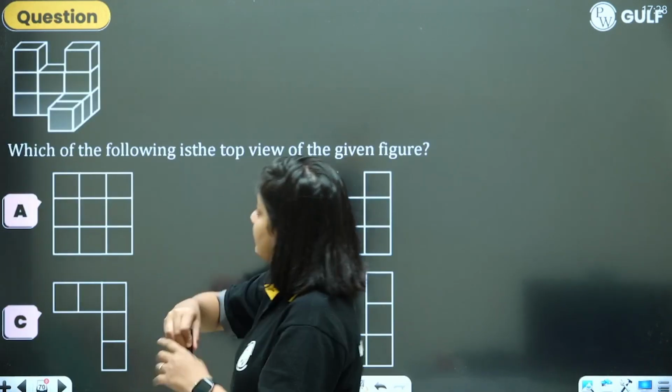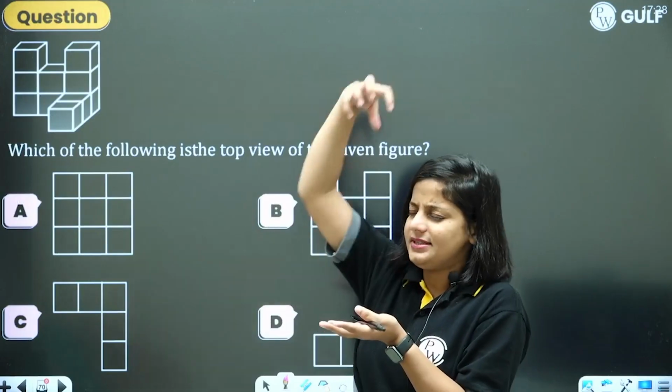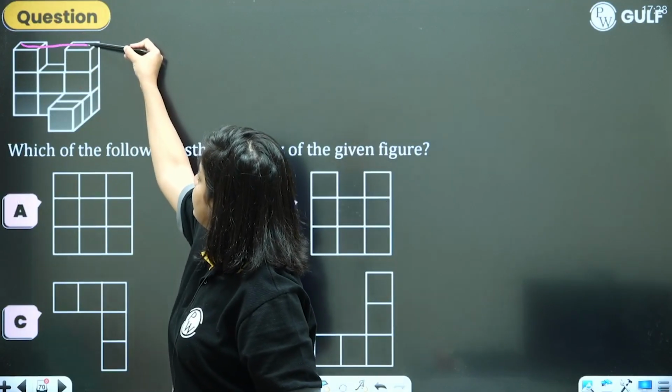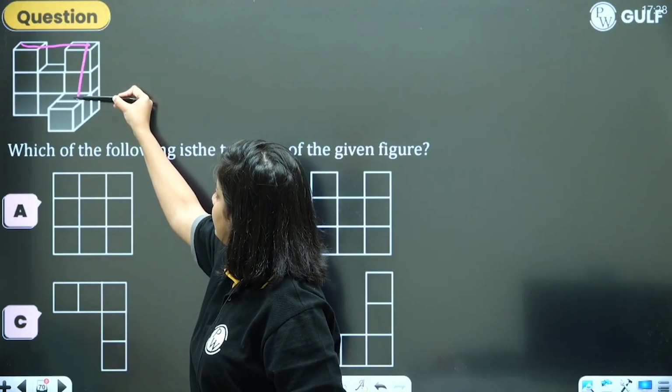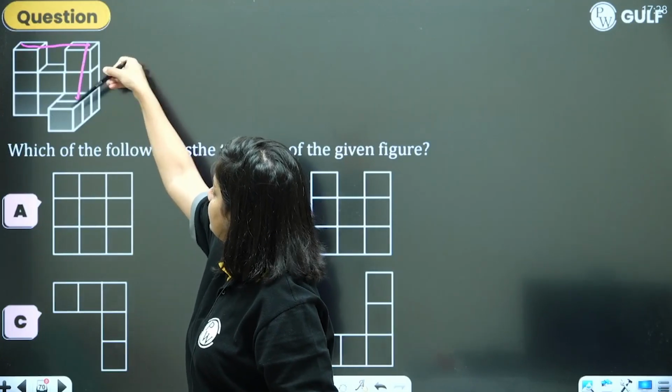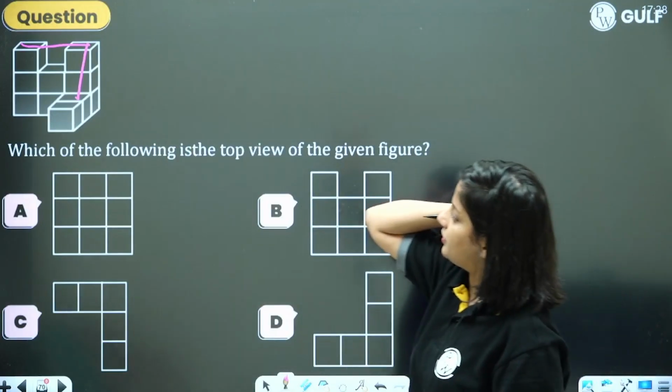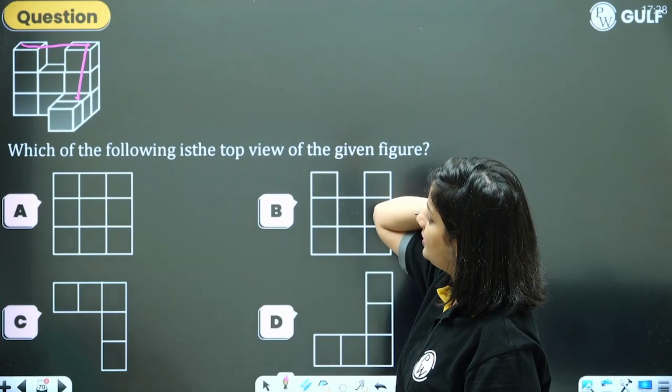Next one, just imagine this shape, look from the top. I will see this and this. Now, only that will be the top view of this figure. Are you seeing anything else?